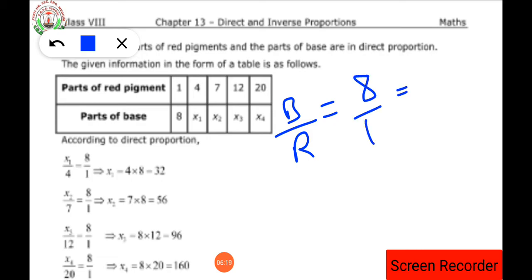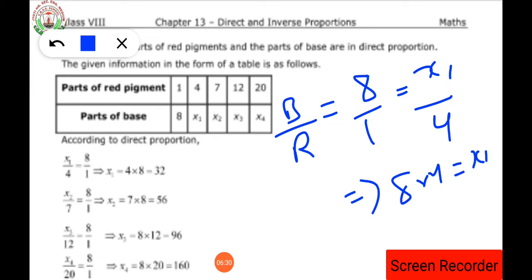The part of the base is x1 and the part of the red pigment we are having is 4. So doing the cross multiplication, 8 into 4 will be the value of x1. So 8 into 4 will be 32, that is the answer for x1.